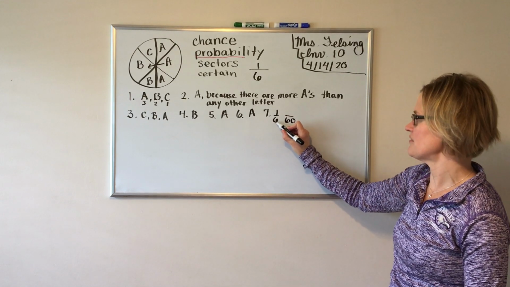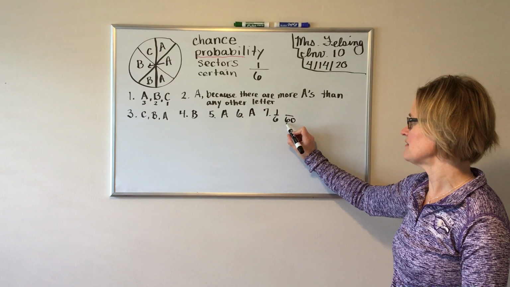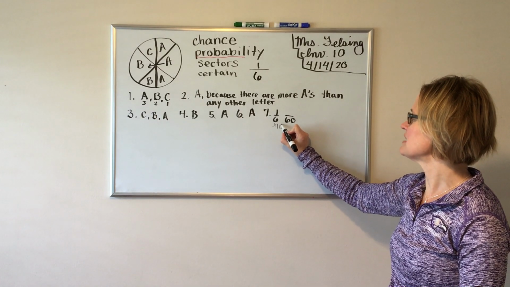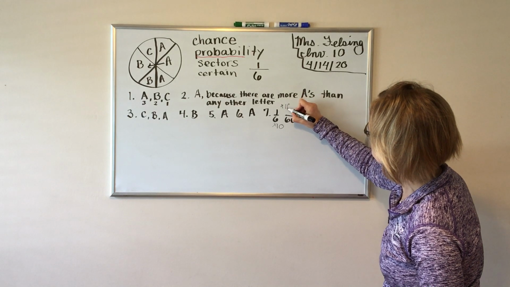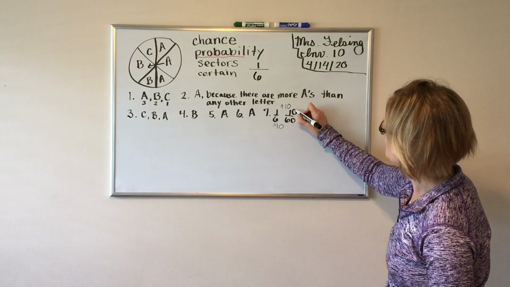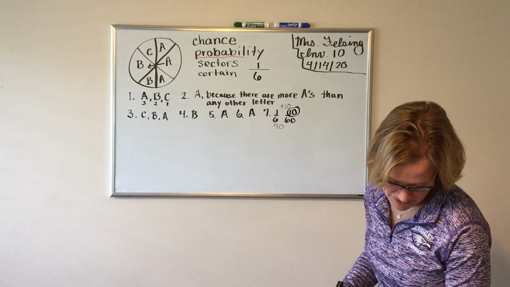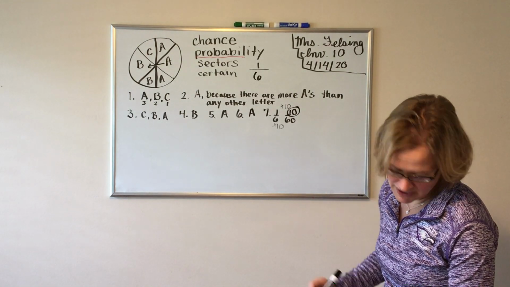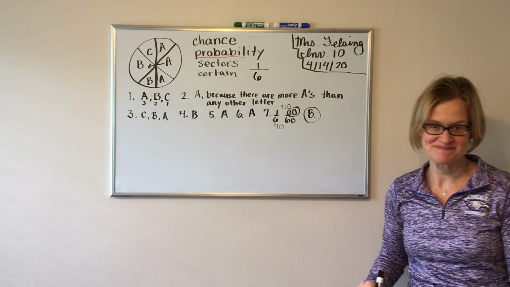Well, think to yourself, how much did you have to multiply times 6 to get 60? And that was 10. So then we would multiply 1 times 10, and that would also give us 10. So our answer for number 7 would be B, about 10 times.